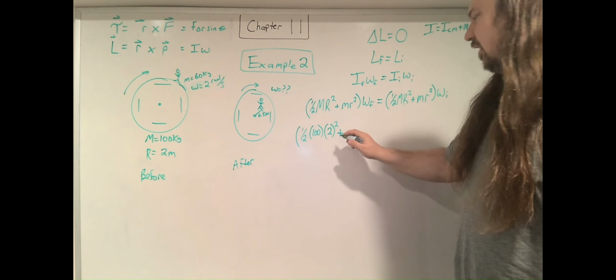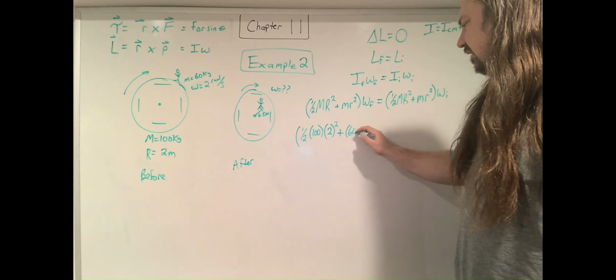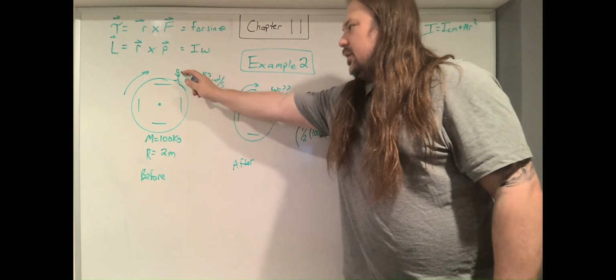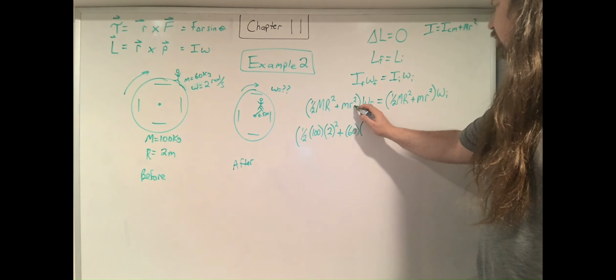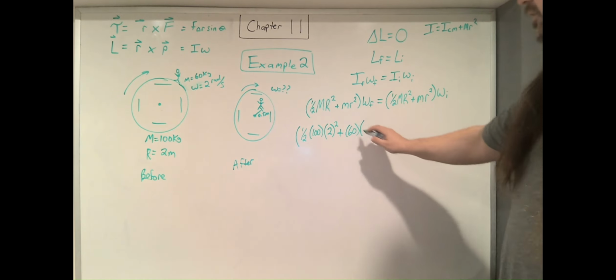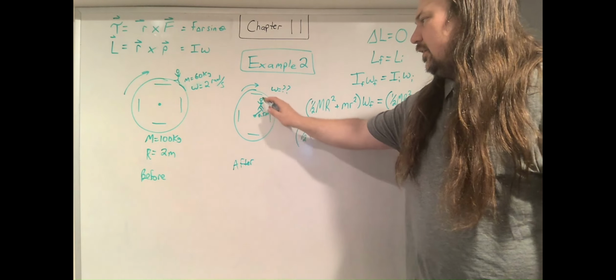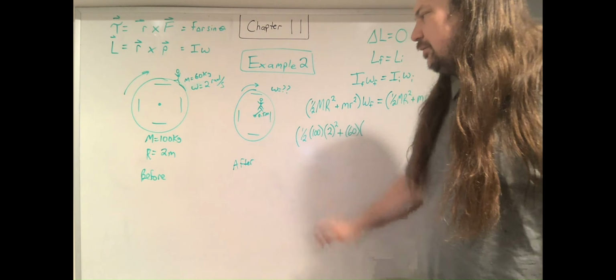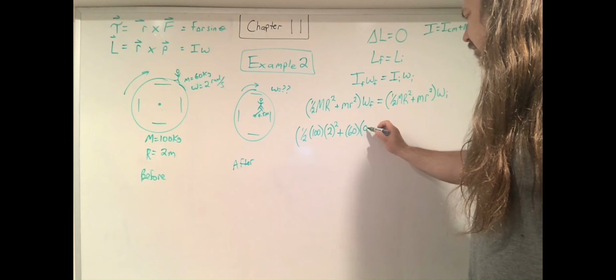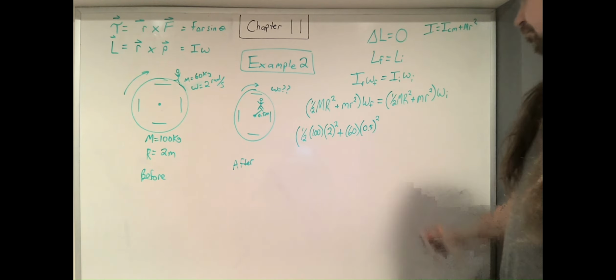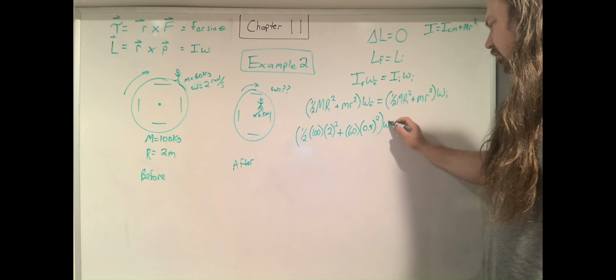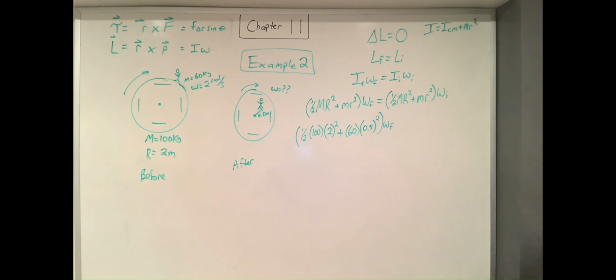The mass of the child is 60, given up here, and doesn't change. But r sure will. In the final, the distance the child is from the center is 0.5, so I want to make sure I get 0.5 in the right spot. Then that whole thing is multiplied by omega f, the final.